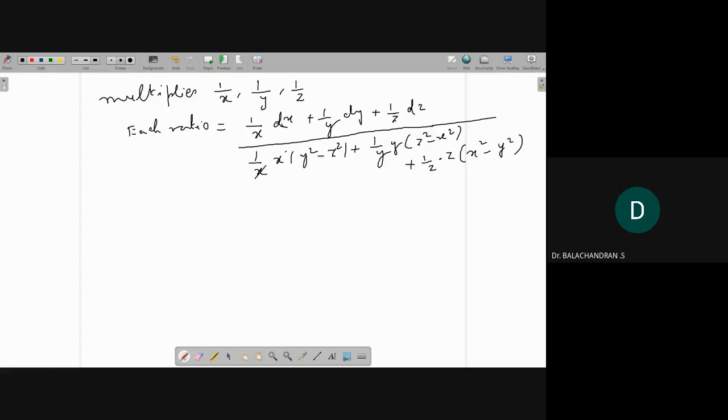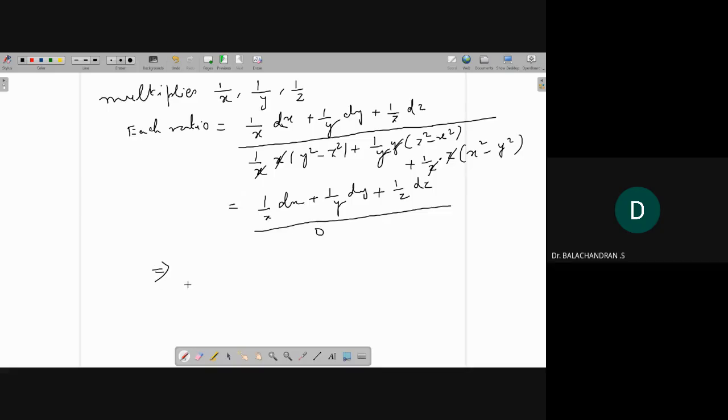So you can cancel x and x, y and y, z and z. This is equal to 1 by x dx plus 1 by y dy plus 1 by z dz divided by 0. So each ratio is equal to this one.